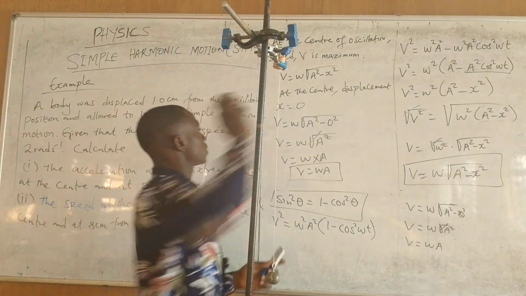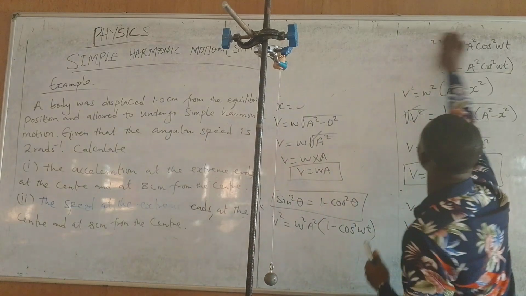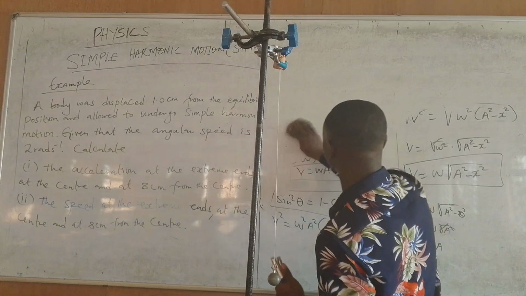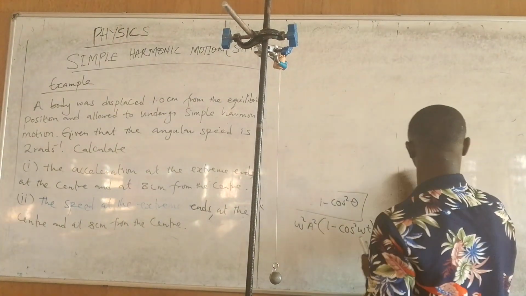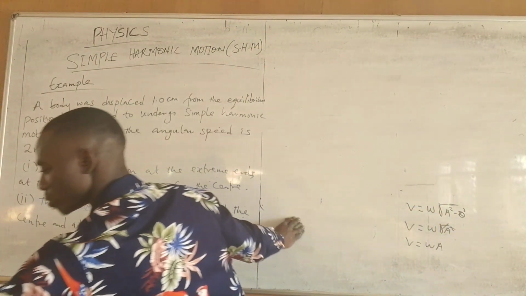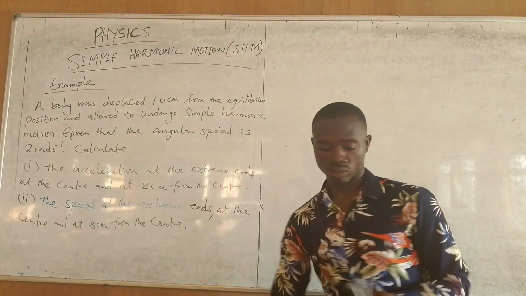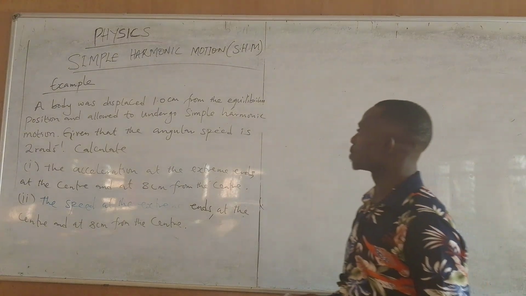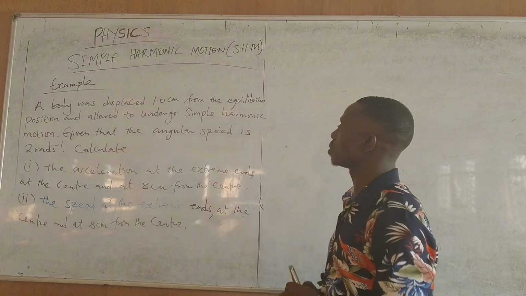Okay, this is the question on the board. A body was displaced 1.0 centimeter from the equilibrium position and allowed to undergo simple harmonic motion.